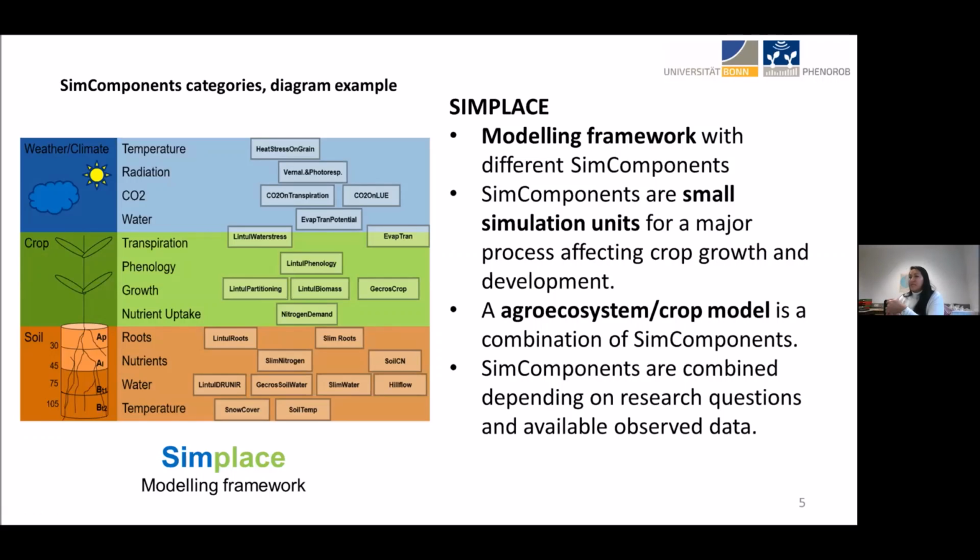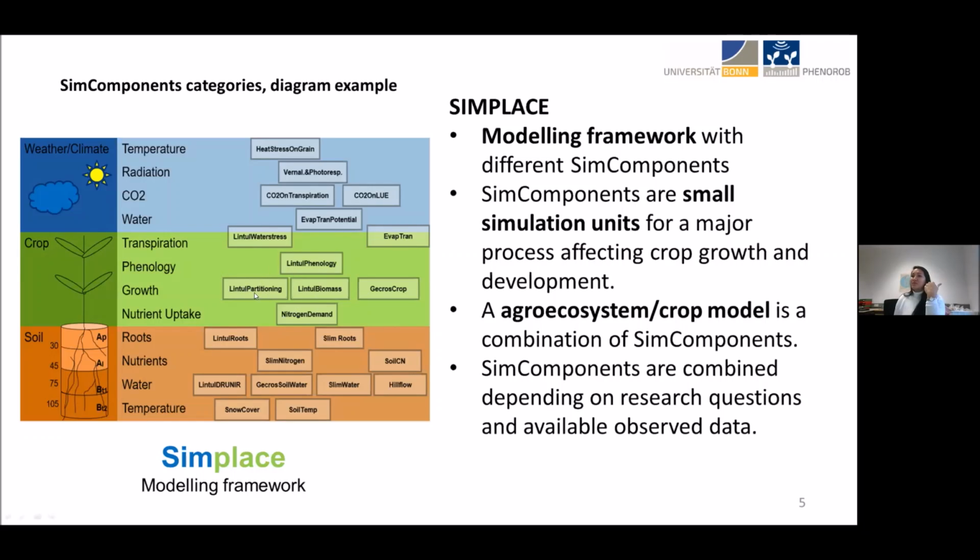For example, we are actually using lintel 5, but the components mentioned in this diagram are also available. We simulate the lintel biomass, which simulates the total daily biomass accumulated based on the radiation use efficiency and water and nutrient factors.